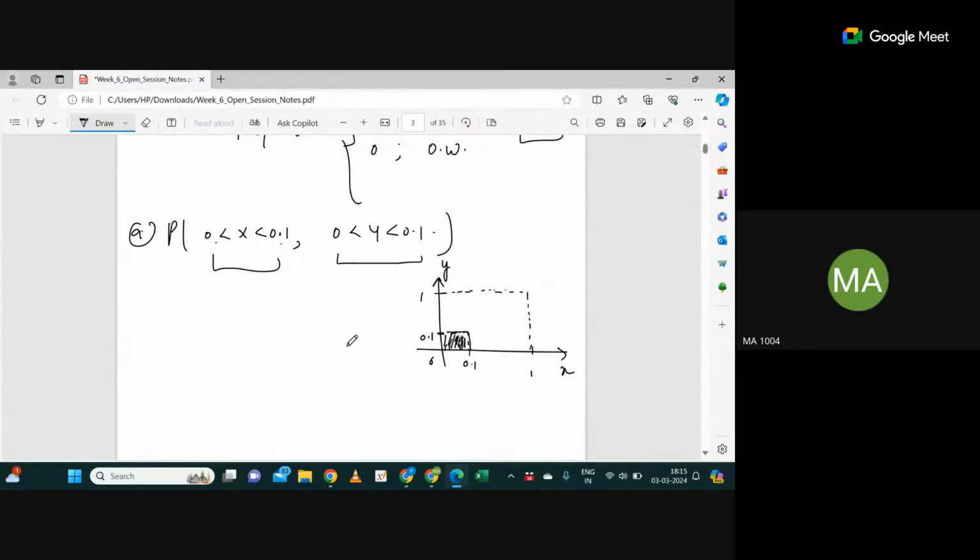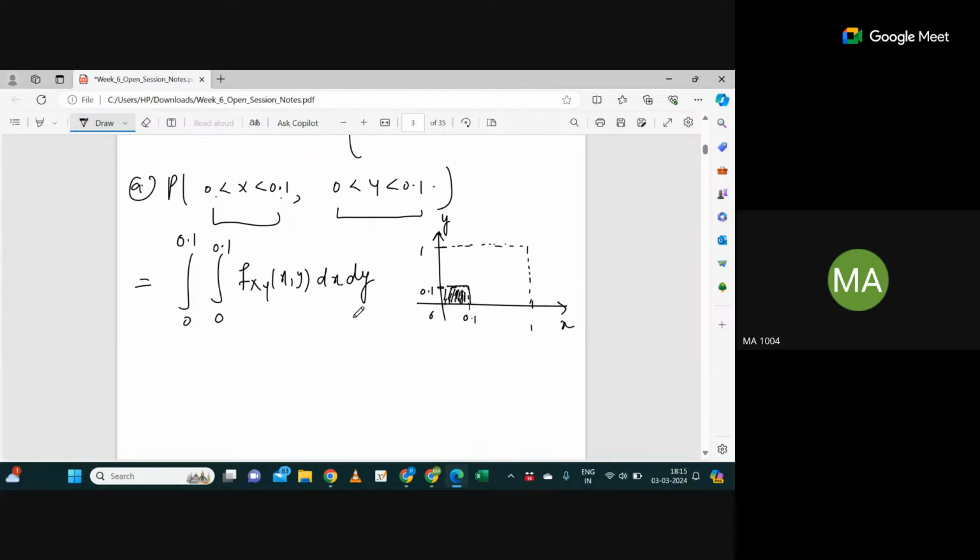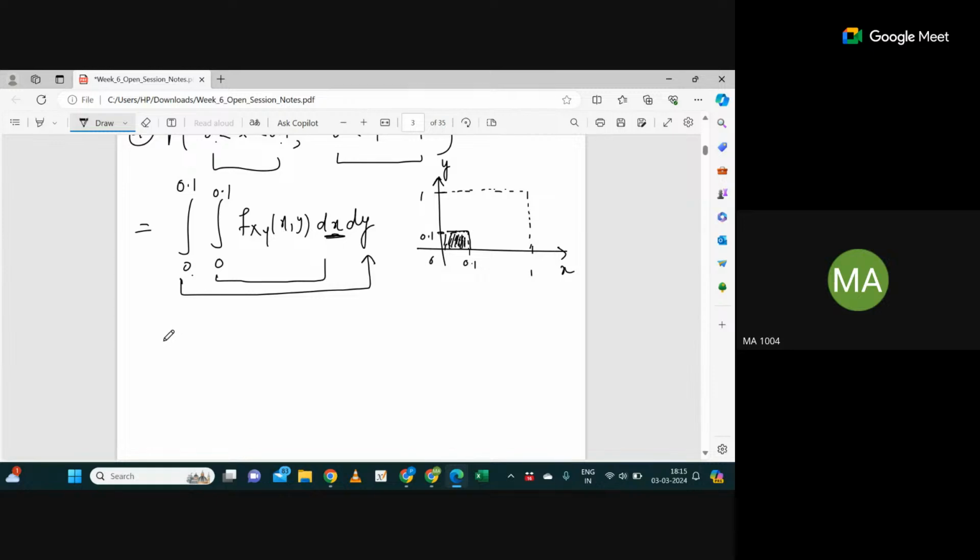So what do I have to do to calculate this? I will integrate 0 to 0.1, then 0 to 0.1. Here the limits are the same anyhow. We'll see some difficult problems also, don't worry. We have to integrate with respect to dx and dy, so we integrate with respect to x first, then with respect to y.